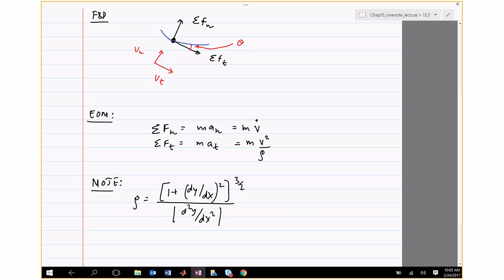So the modulus, the absolute value, means that if d square y dx square comes out to be -3, the mod makes it positive, so that the radius of curvature rho is always positive.